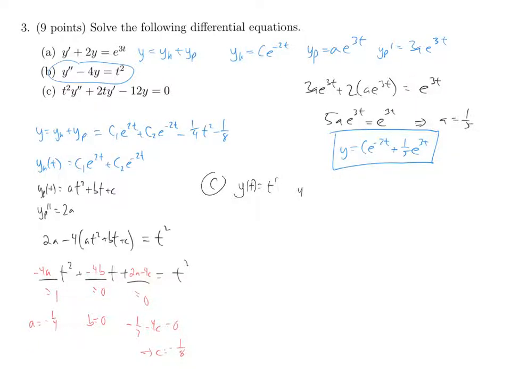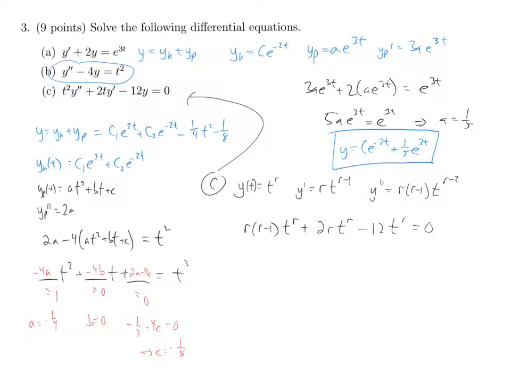So y prime equals r t to the r minus 1. Y double prime equals r times r minus 1 times t to the r minus 2. So let's just plug this whole thing back in here, and we get t squared times this, which is r times r minus 1 times t to the r, plus 2t times this, which is 2r t to the r, minus 12 t to the r equals 0.